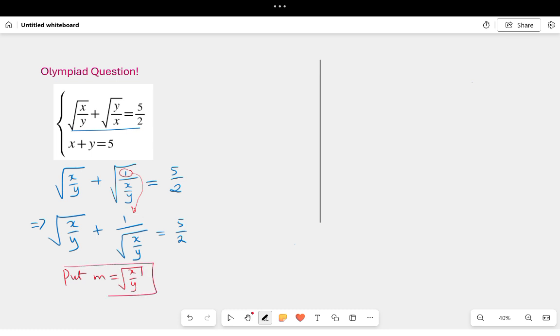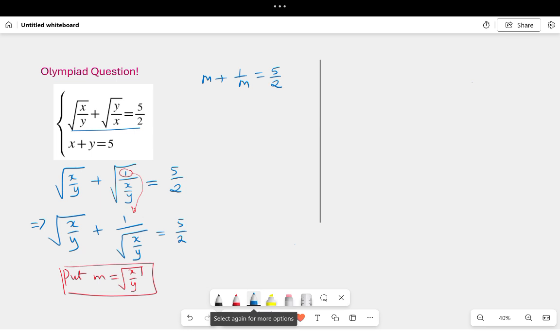Now, considering this fact, we are going to rewrite the equation in terms of m. So the equation is going to be, instead of the square root of x over y, m plus 1 over m is equal to 5 over 2.